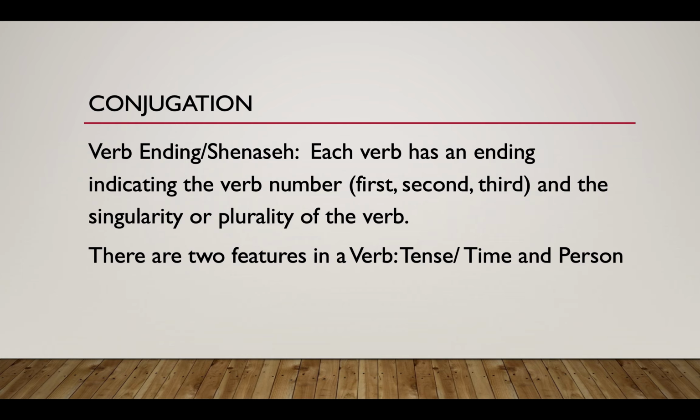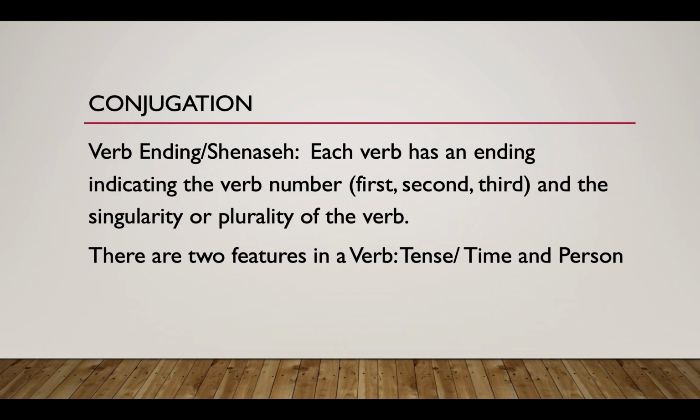Conjugation. What do we mean by conjugation? Conjugation is whatever we do to give a different form to our infinitive. So the modifications we do on the infinitive are called conjugation.